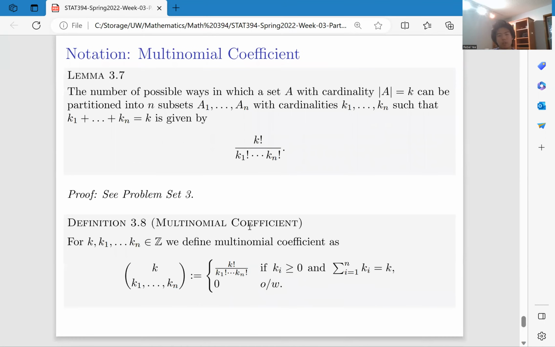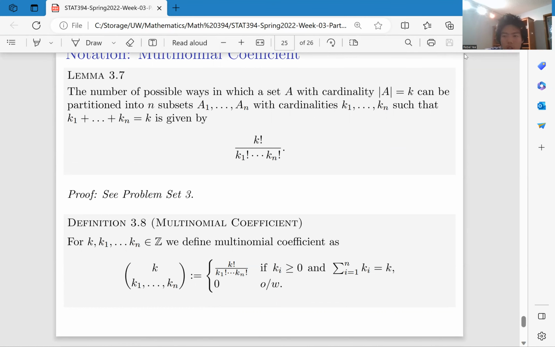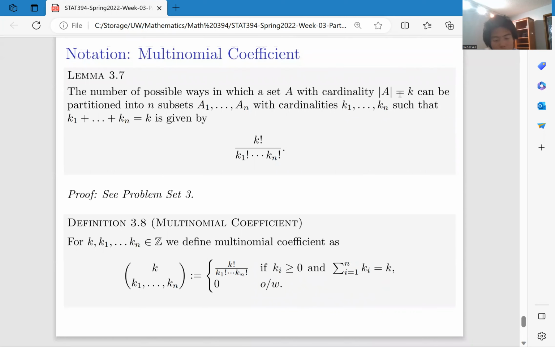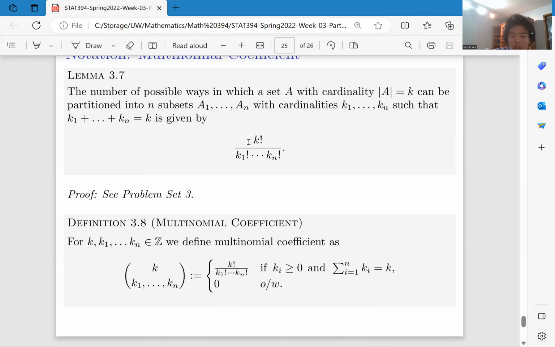It's called the multinomial coefficient. This definition says the number of possible ways in which a set A with cardinality equal to k can be partitioned into n subsets a1, a2, a3 up to an, with cardinalities k1, k2, k3 up to kn, such that k1 plus k2 plus everything up to kn is k, and this can be represented by this formula.